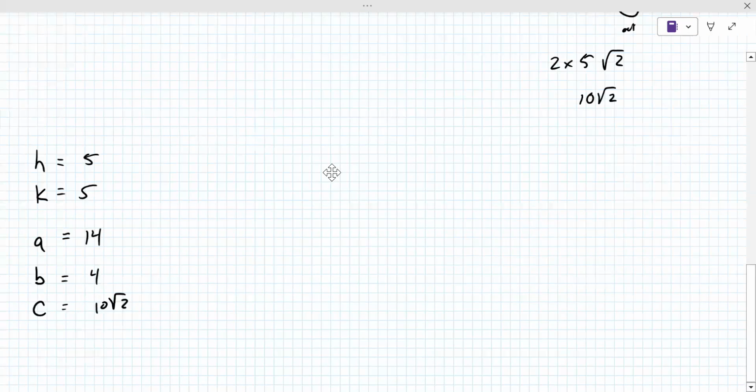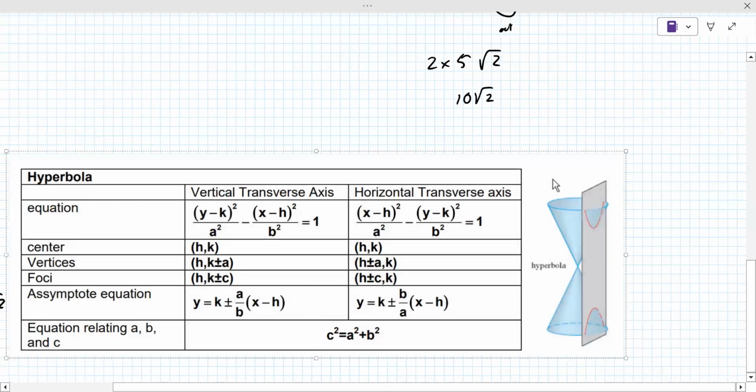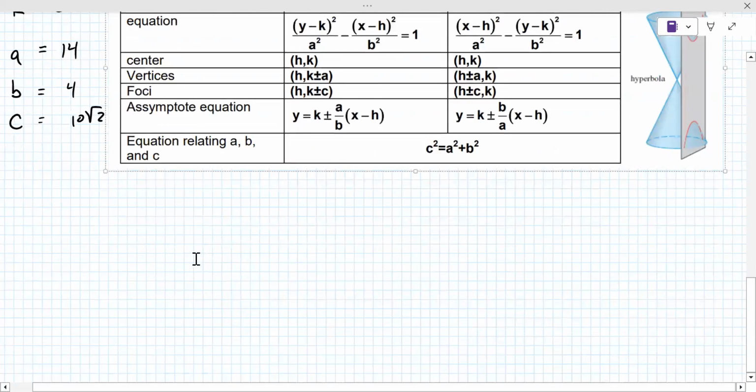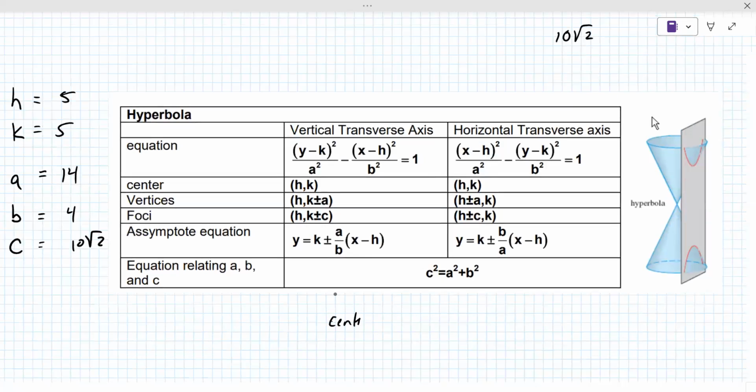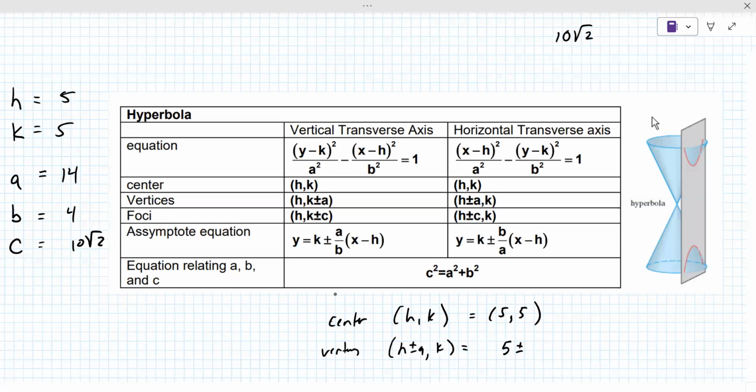You're going down the right side here of it. So your center is HK, which is 5, 5. Your vertices are H plus minus A, comma K. So that's 5 plus minus 14, comma 5.